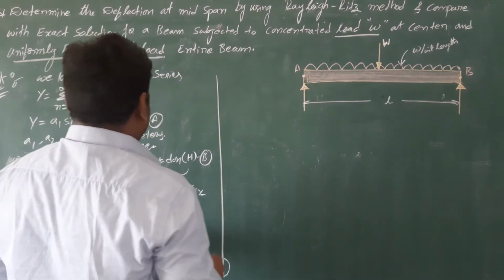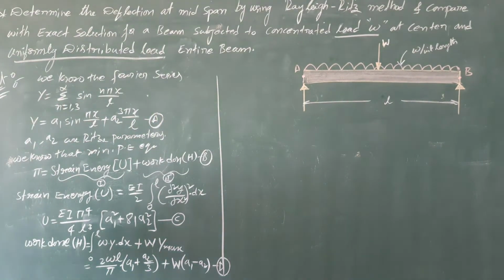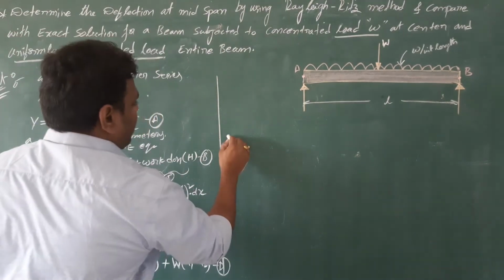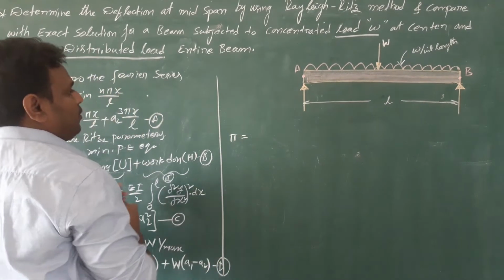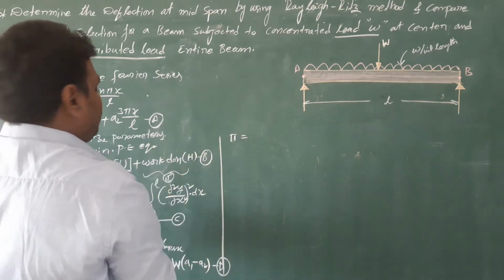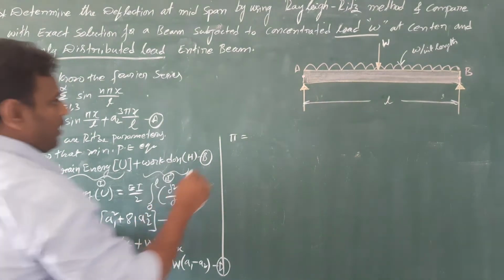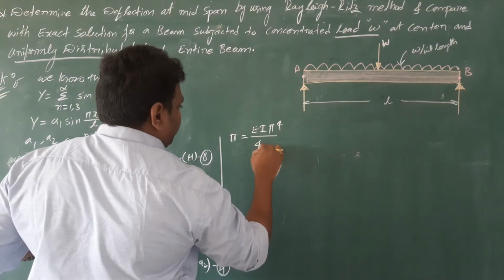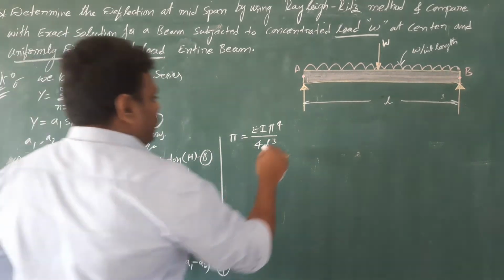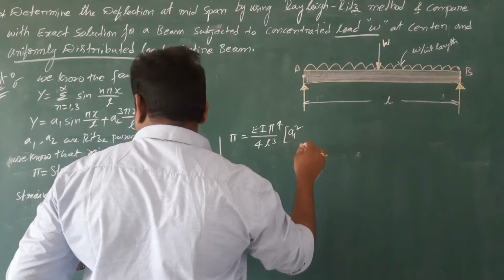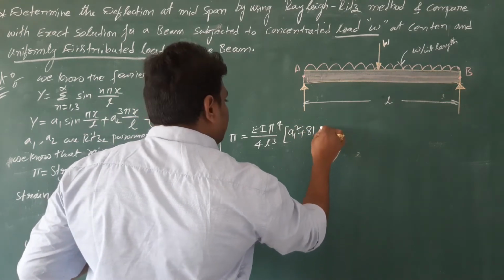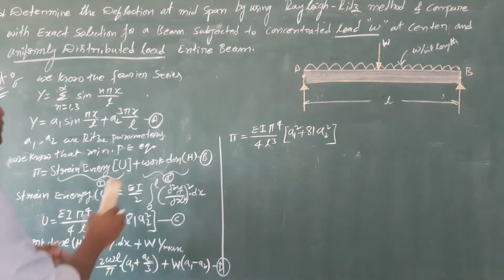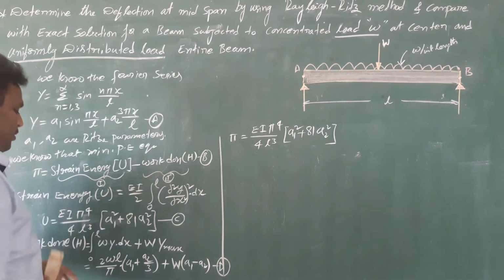So the B equation is: potential energy pi is equal to strain energy, that is EI pi power 4 by 4L cube into A1 square plus 81 A2 square, minus the work done.